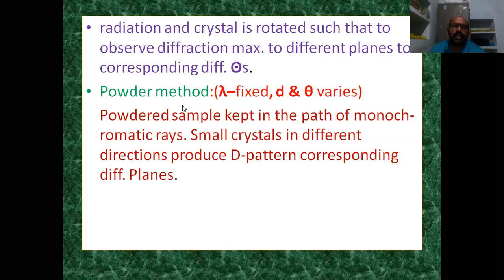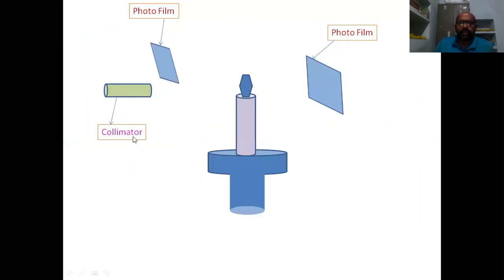In this method, the sample is taken in powder form and kept in the path of monochromatic rays, and the powder consists of tiny crystals, which orient in different directions and produce diffraction patterns corresponding to different planes which obey Bragg's law. Okay, it is the procedure in the powder method.